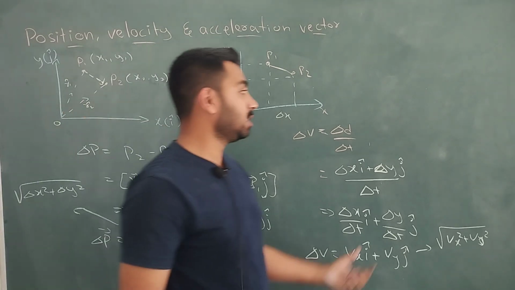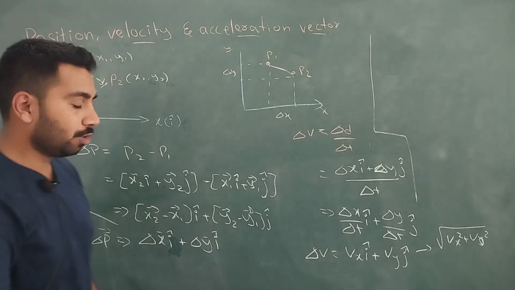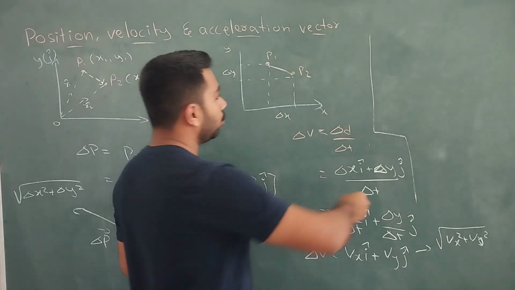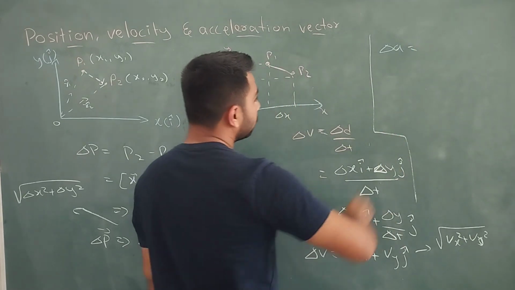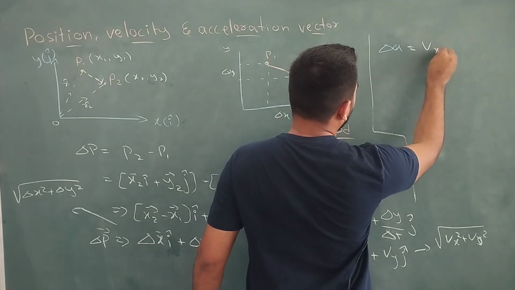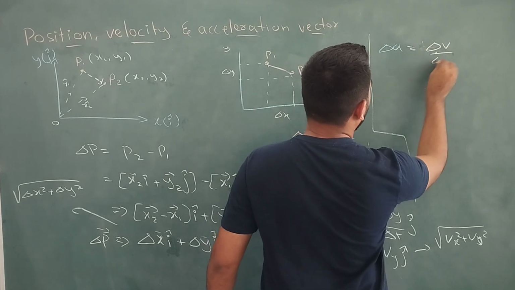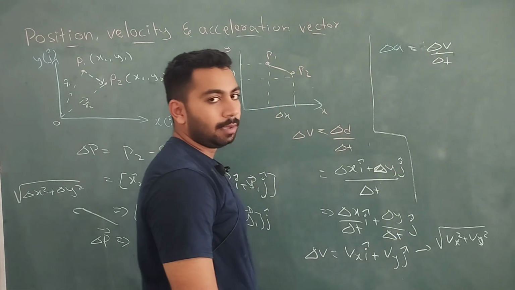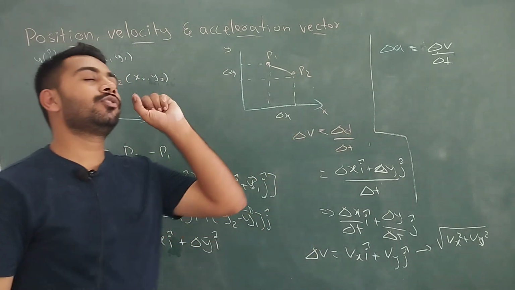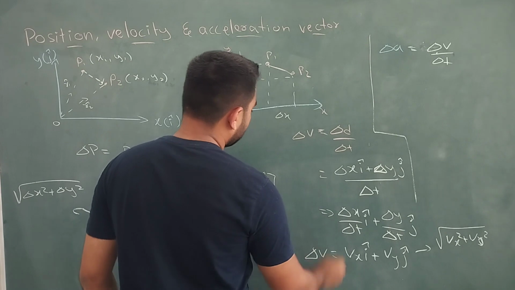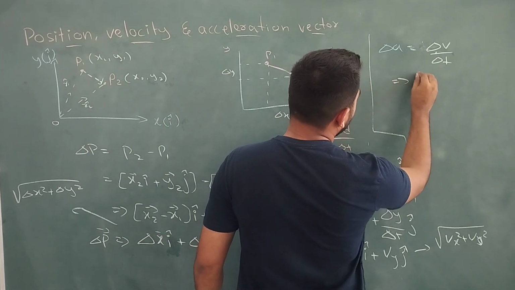Now similarly for acceleration also you can write. Acceleration is equal to change in velocity by time. This is average acceleration; when you're talking about instantaneous, you will write it differently, I will tell you. So now what will happen?